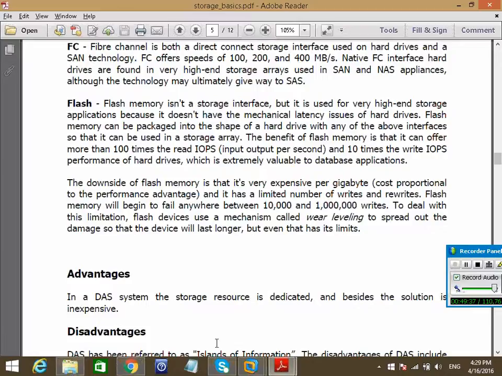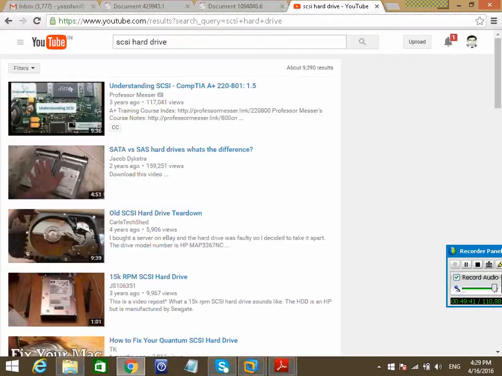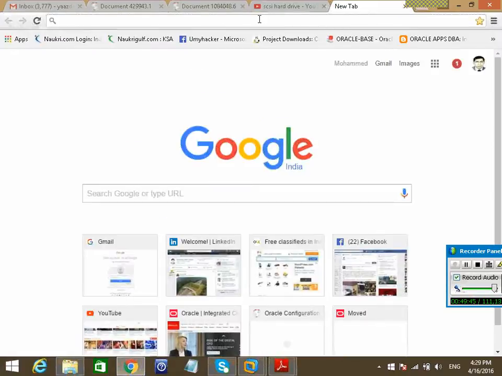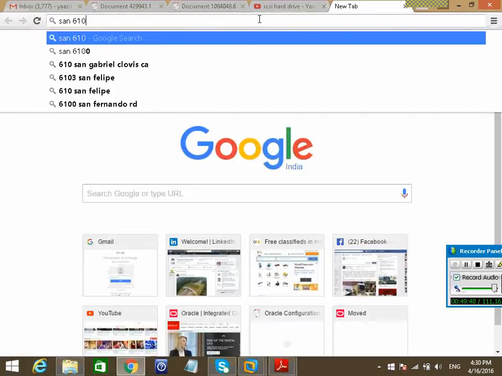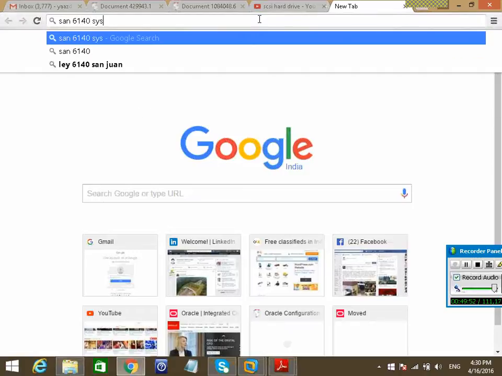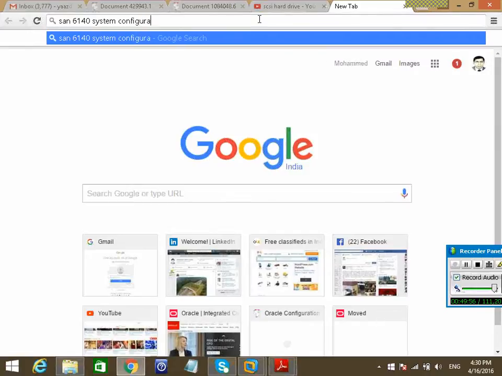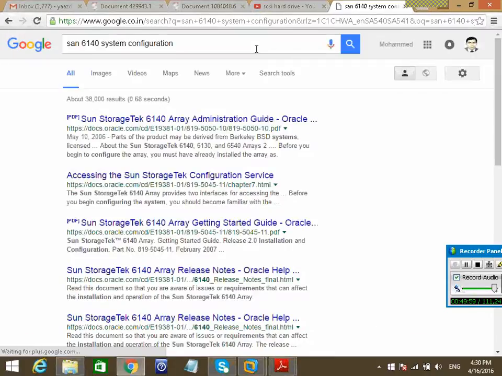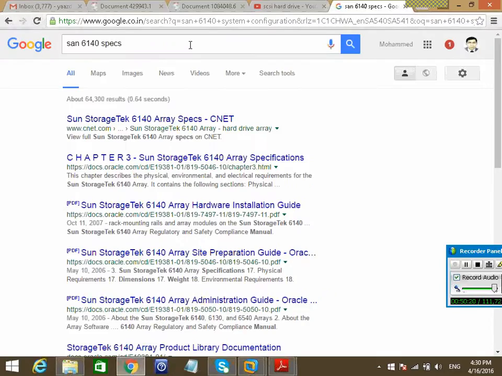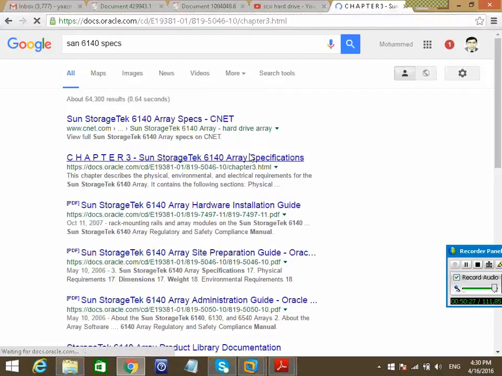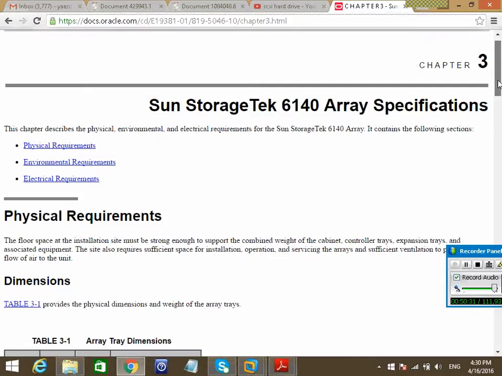And when you go to any HP website, for example, or you want to buy a SAN, 6140, you go to any specific vendor, it will give you the whole information. Okay.